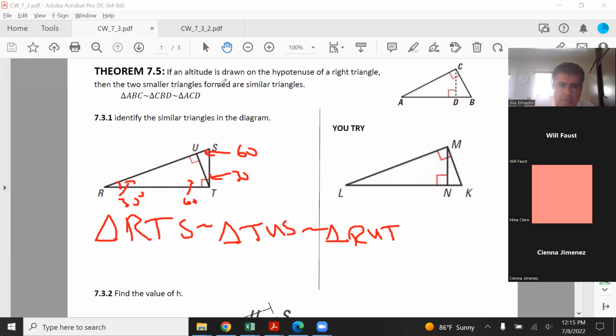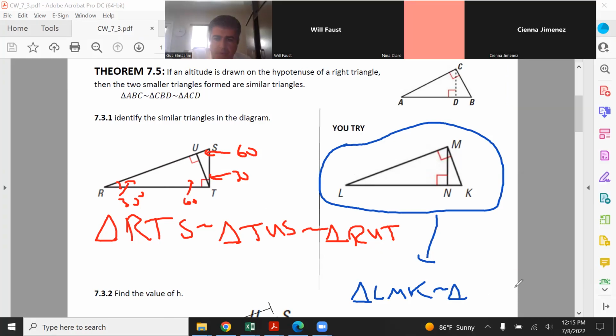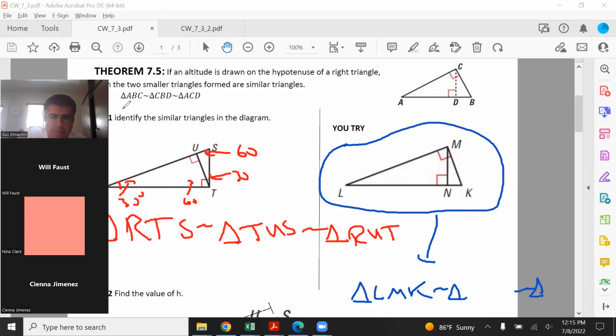So now you want to try doing the same on the triangle to the right. So your goal is to identify the similar triangles, putting them in the right order. So you could say LMK. I'll get you guys started. Is similar to triangle. Now, you guys try to figure out how to order. So obviously you're going to have this, and we get different colors, and then you have this.